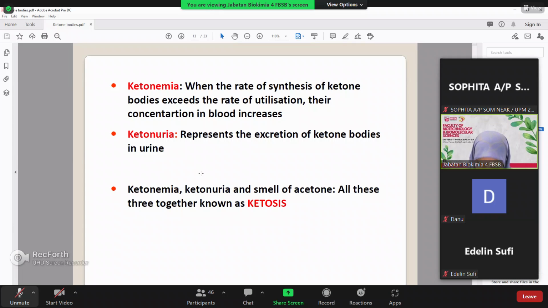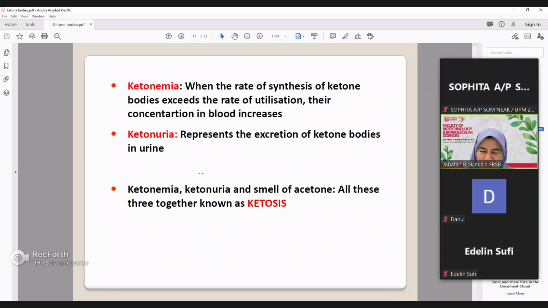How about type 2? Thank you, Shasita. Insulin can be produced, but there is not enough insulin to be utilized.